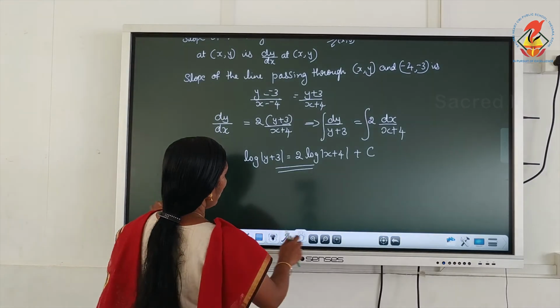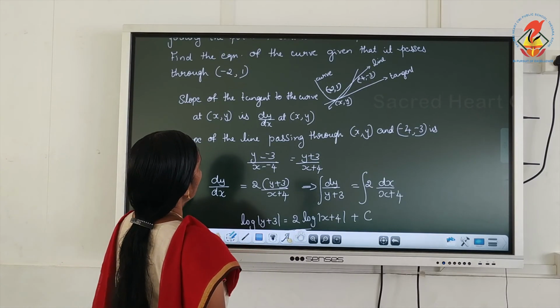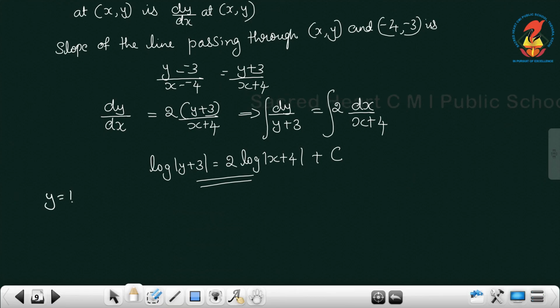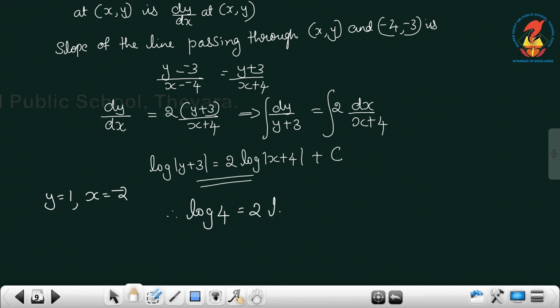What is the value? It passes through -2, 1. So, put y is equal to 1 and x is -2. Therefore, log, when y is 1, we get 4. So, no need of modulus symbol. Then 2 log, what is x? -2.